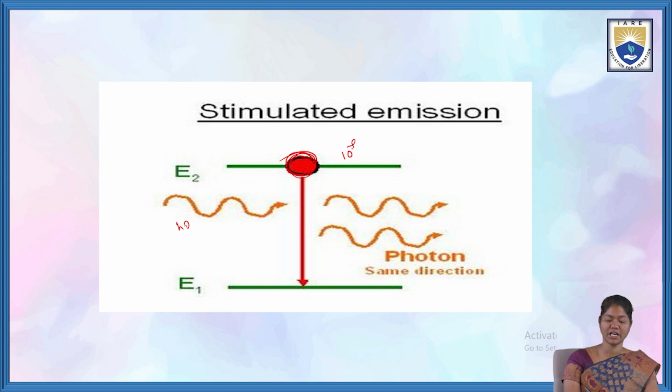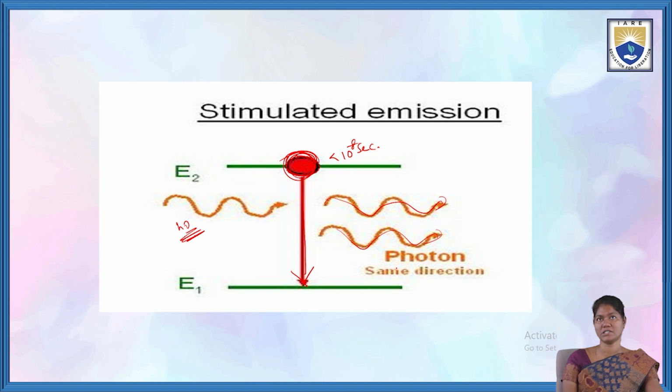So before the lifetime of this atom in the excited state, it is stimulated by the incident photon h nu and then transits to lower energy state by emitting photons.